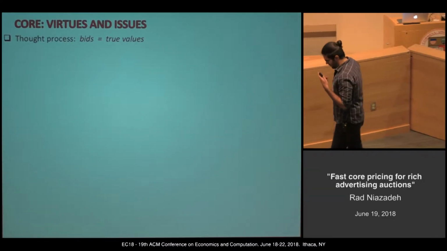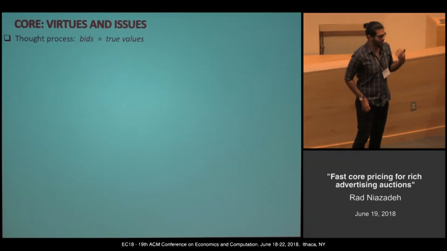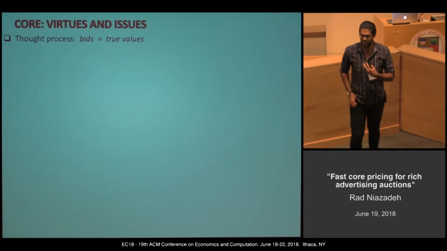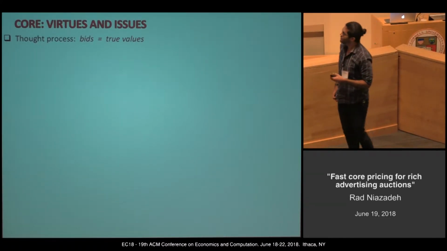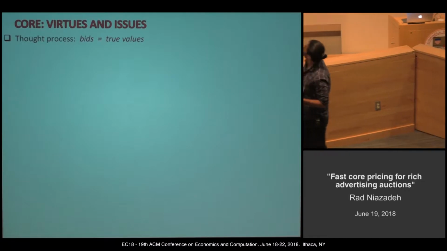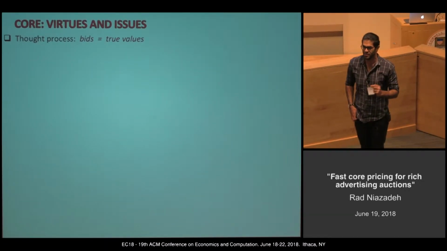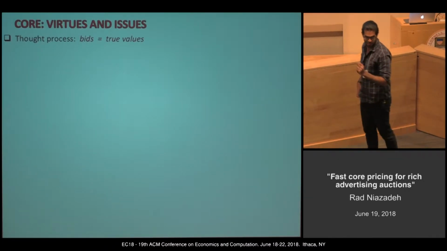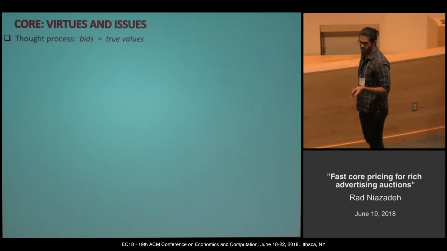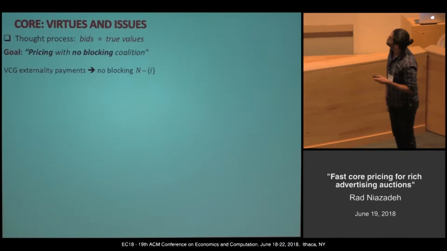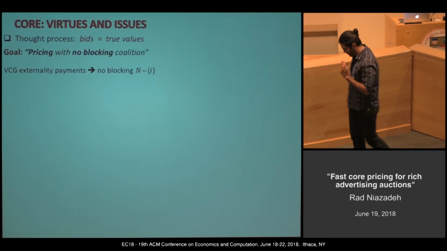So we heard about the core, and thanks to Ben, we know a definition for the core. But let me informally define the core a second time for you. For the sake of this slide, imagine that bids are treated as the true valuations, like imagine that the bidders are bidding truthfully. Now, I'm asking you this question.